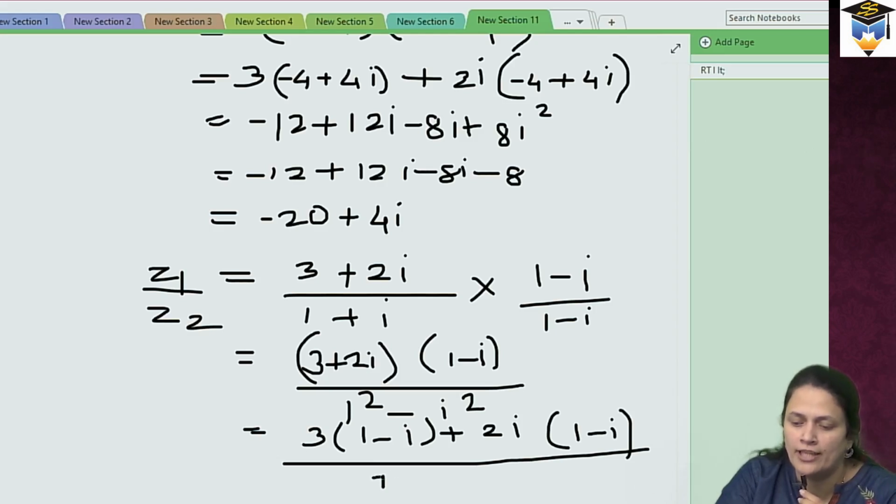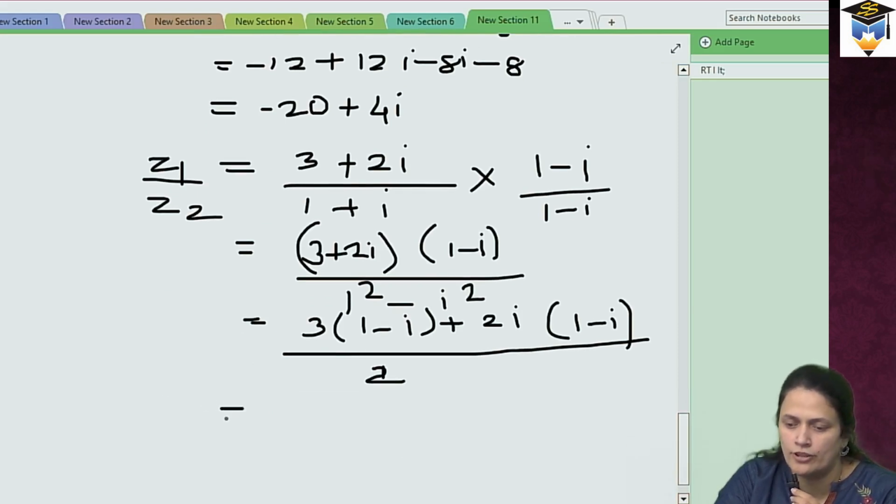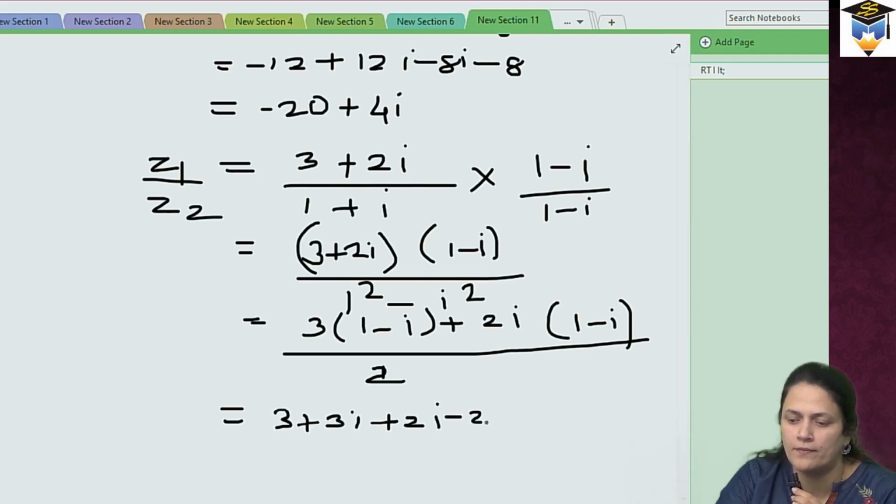So my denominator part is going to become 2. Understood up till here? Now we will do the numerator part's multiplication. So this is going to be 3 plus 3i plus 2i minus 2i square. Up till here everybody understood?